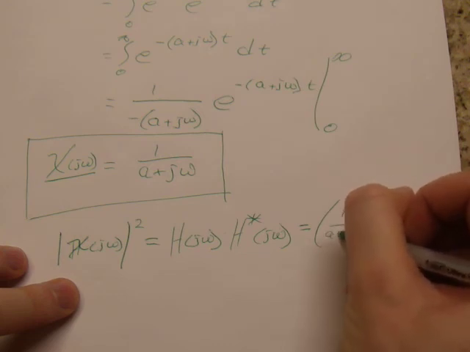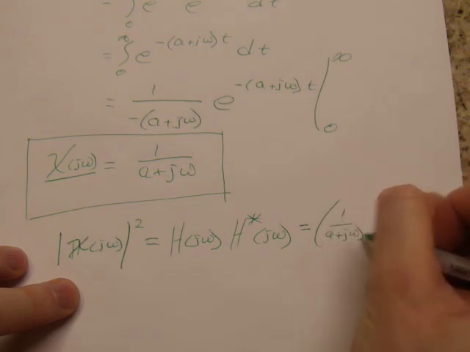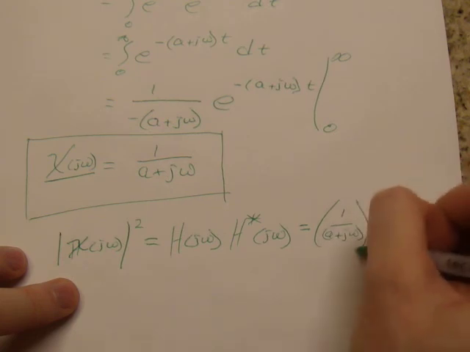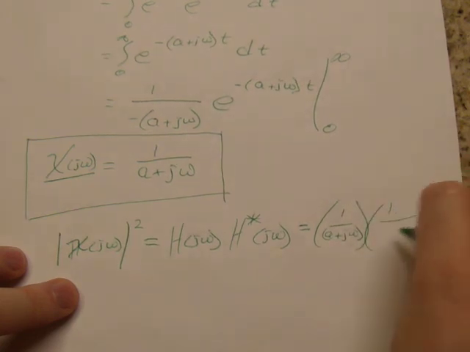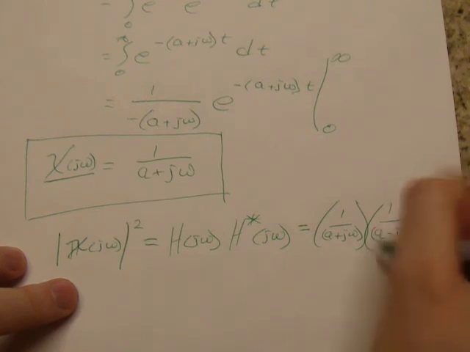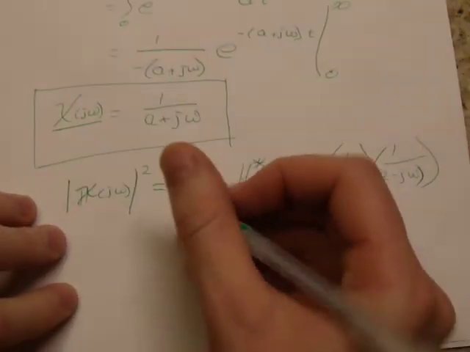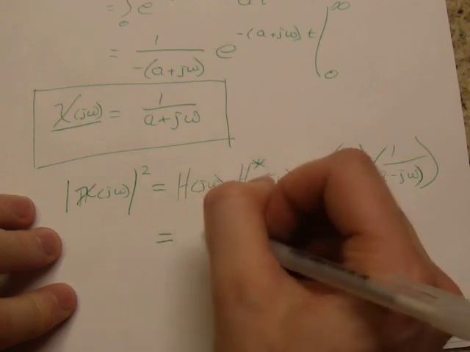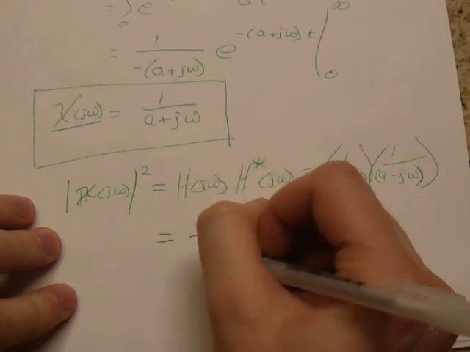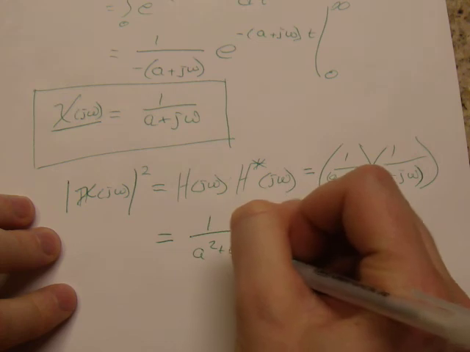1 divided by a plus j omega times 1 divided by a minus j omega. This is the complex conjugate in the second denominator. When we do this multiplication out, this is equal to 1 divided by a squared plus omega squared.